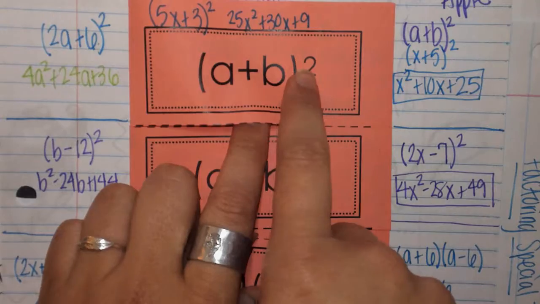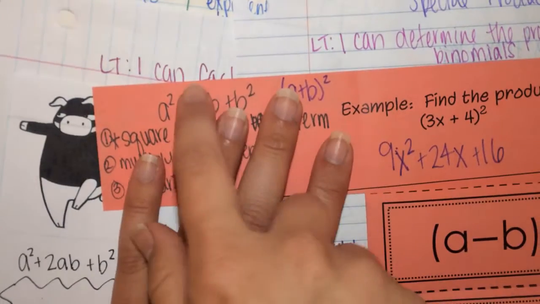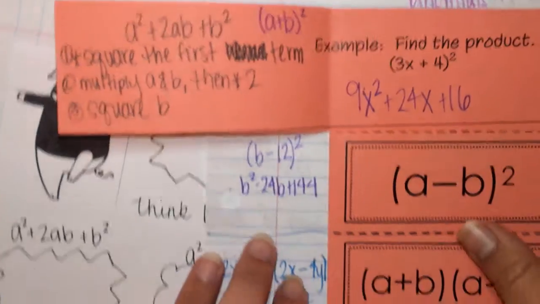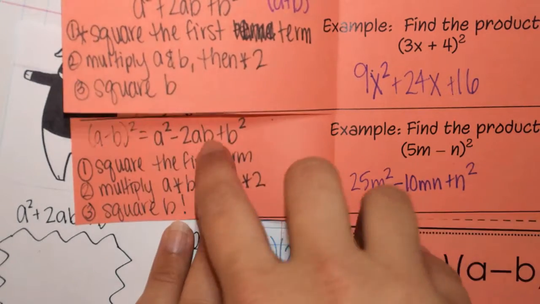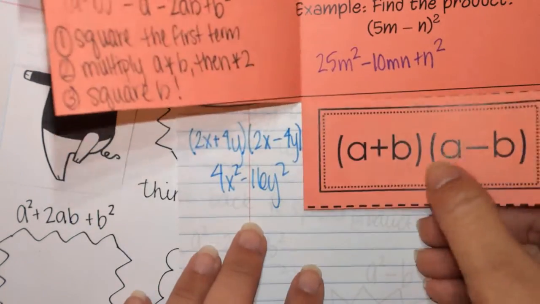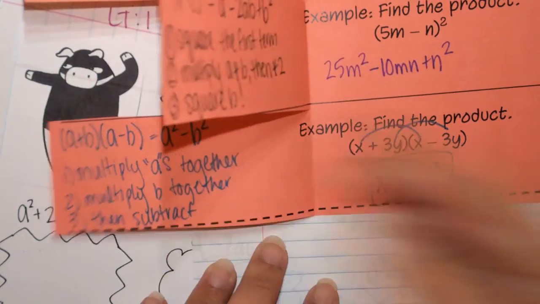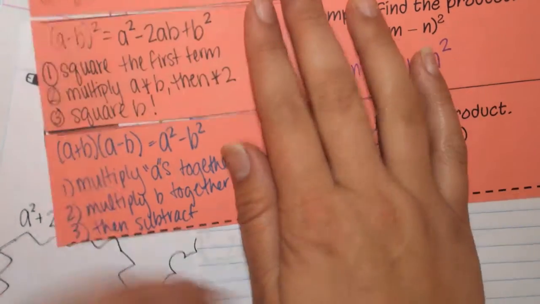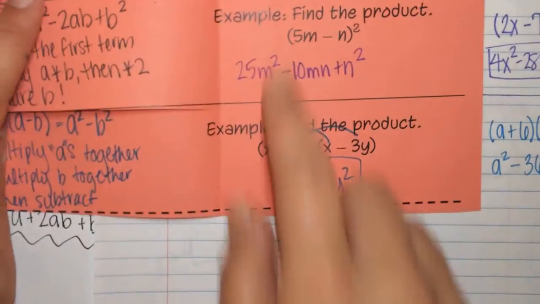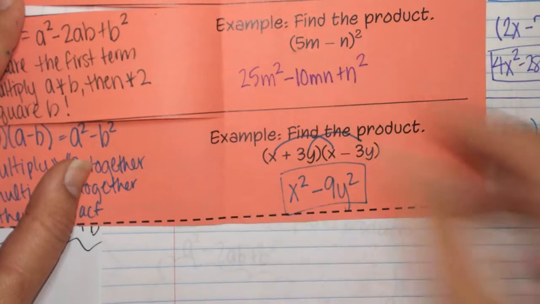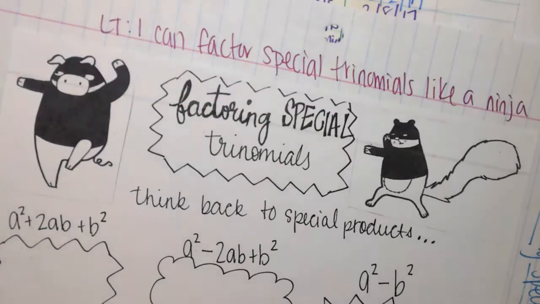And we had (a plus b) quantity squared, and that ended up being a squared plus 2ab plus b squared. (a minus b) squared was a squared minus 2ab plus b squared. And this one was a squared minus b squared. So now we're going backwards from this to this. And it's super easy, but just prepare yourselves.